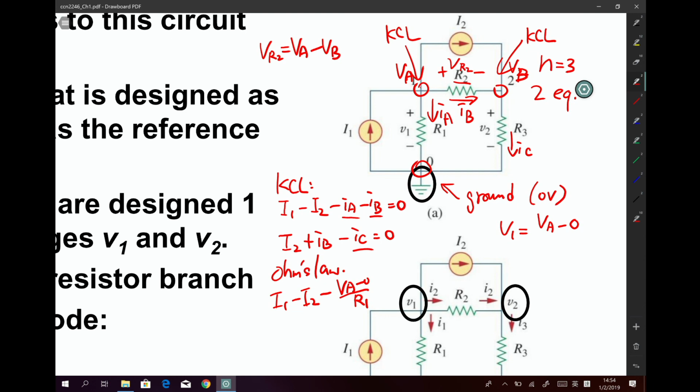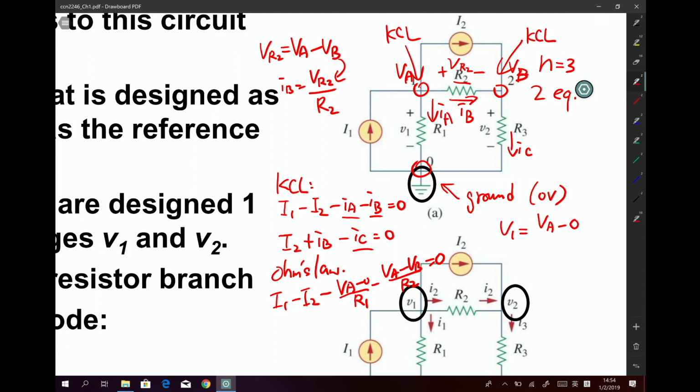So IB equal to VR2 over R2. And you can substitute VR2 by VA minus VB, and you have VA minus VB over R2 equal to 0.